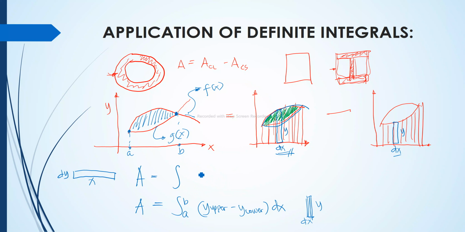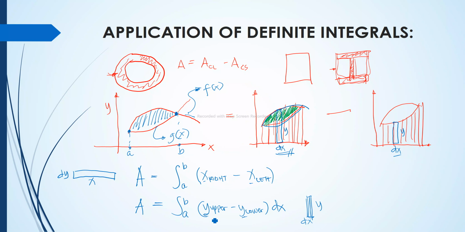So that is equal to the integral of x right minus x left, dy, from A to B. What are these y and what are these x?